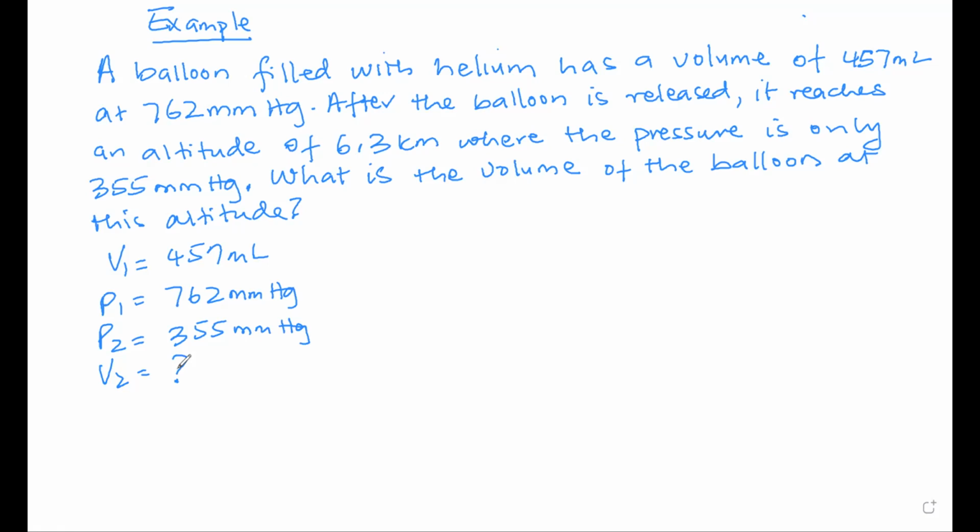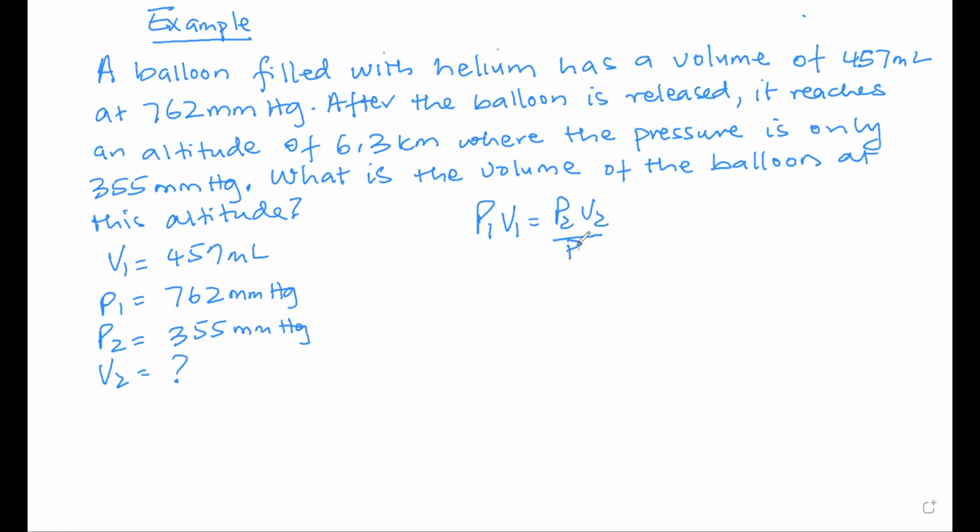Sometimes it's not clearly stated in the question, but from all you know, you will notice that there's no change in temperature. So since it's Boyles law, we are using P1V1 equals P2V2. We are solving for V2, so we have to isolate V2.